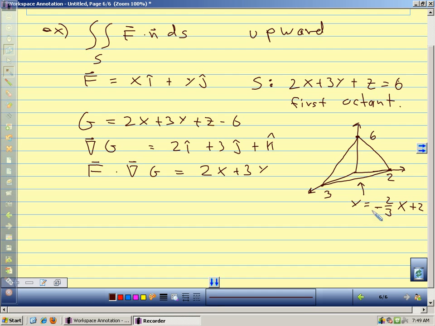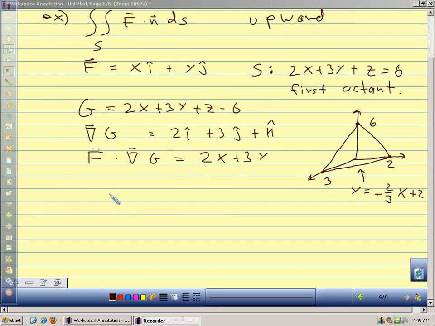So that's going to be one bound in our xy plane. So x is going to vary from 0 to 3, and y is going to vary from 0 to minus 2/3 x plus 2. That gives us our region in the xy plane.